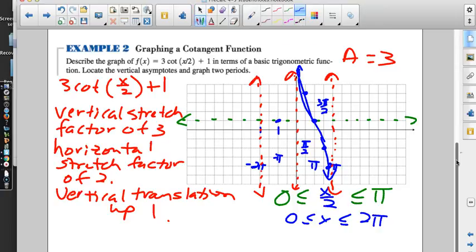But we have our 0, and negative pi, and then back 1 and up 3, and to the right 1 and down 3. And that's because whatever we would get for the cotangent, we'd have to multiply it by 3.